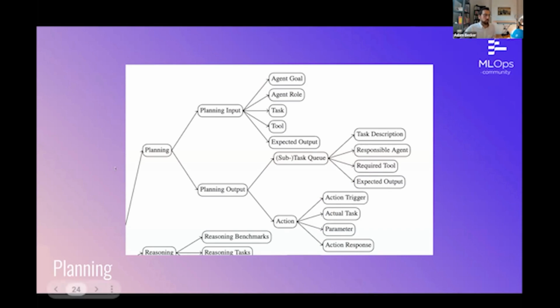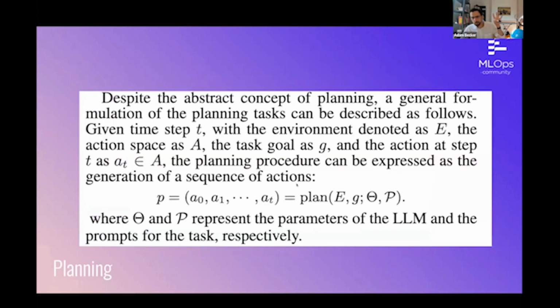I think the best way to understand planning here is to first consider the output. So in the planning phase, the output is basically a set of tasks, right? Or a queue of tasks. And I don't think they described it very well here, but I copy and pasted a couple of things from other places about planning.